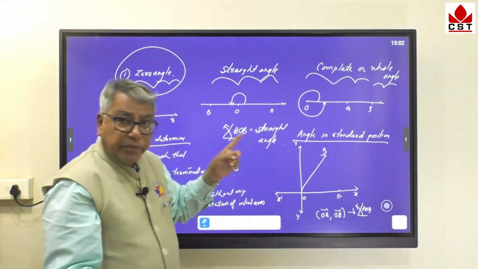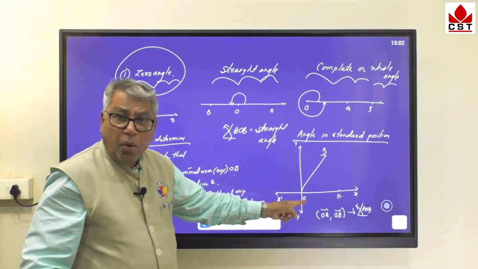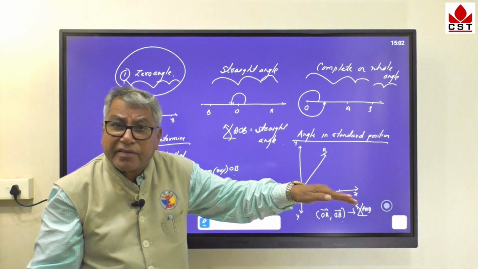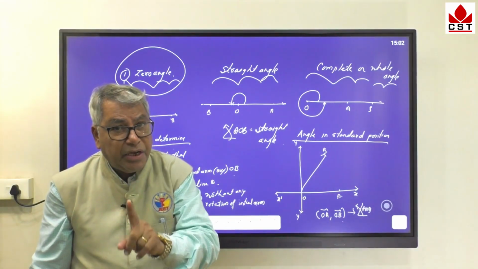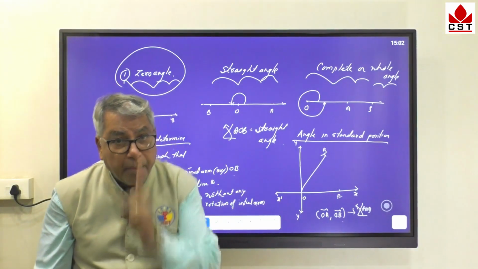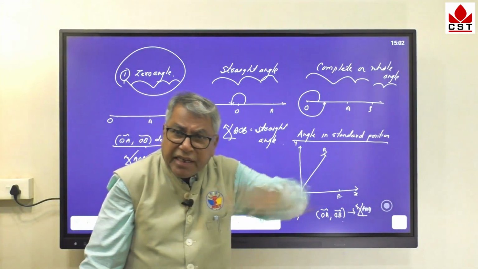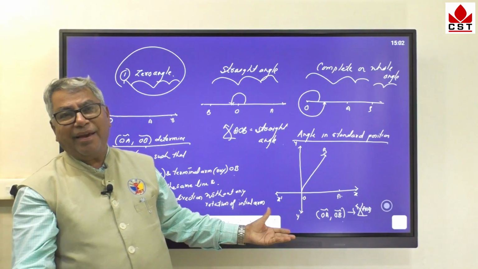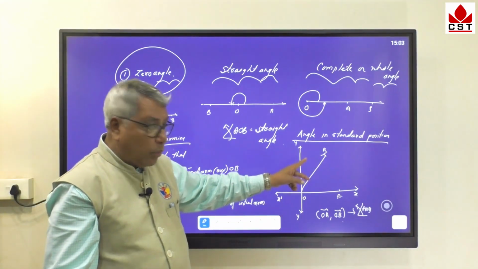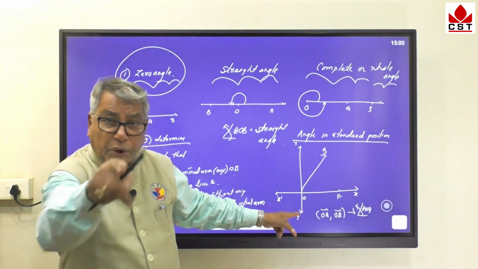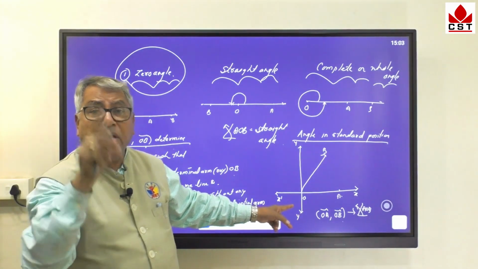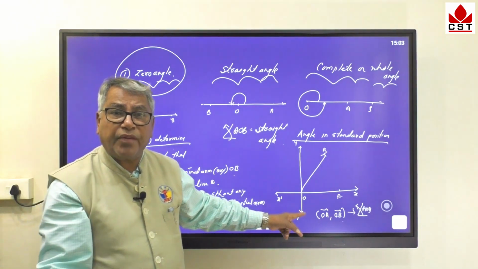Now here, the initial arm ray OA lies along positive direction of x-axis. Remember that. Initial arm ray OA must lie along the positive direction of x-axis, and the terminal arm may be anywhere, right? And the vertex of the angle is origin. Vertex must be origin. Initial arm lies along positive direction of x-axis.